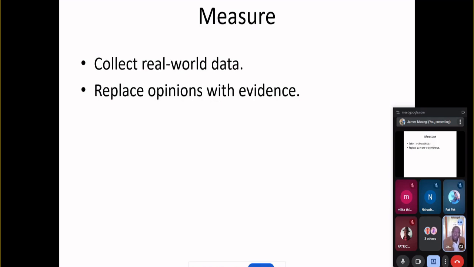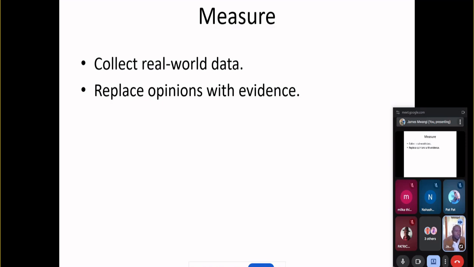Third stage, you measure. You collect real world data.